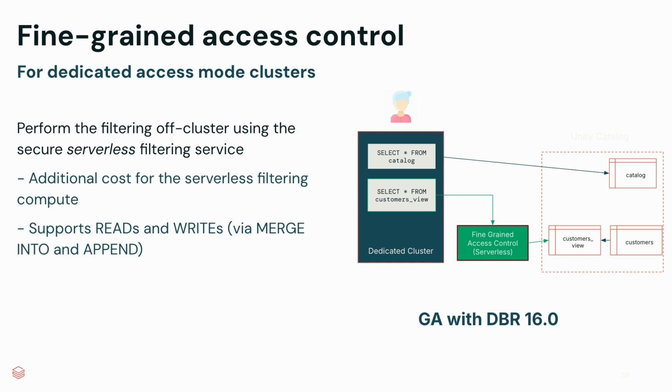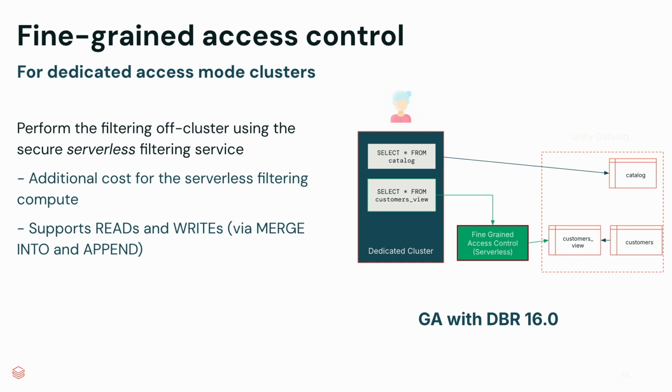For the fine-grained access control, which is the primary use case relevant to group clusters, we do that filtering off of the cluster in what we call the filtering service, so that the overfetched data never reaches the dedicated cluster, whether it's for a group or a user. So this solves both of the issues that Jakob talked about, as Lakeguard helps us enforce on Spark.